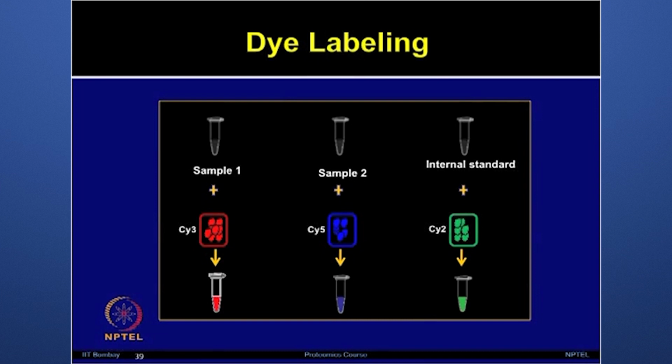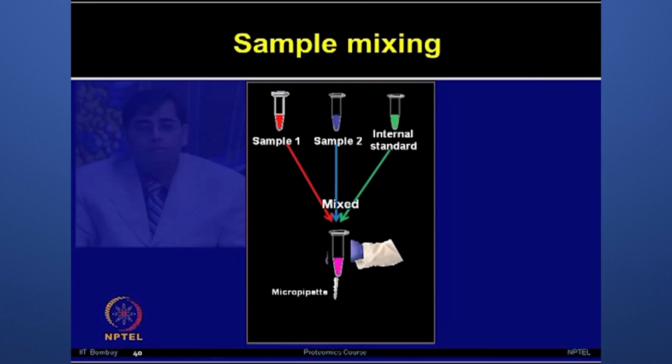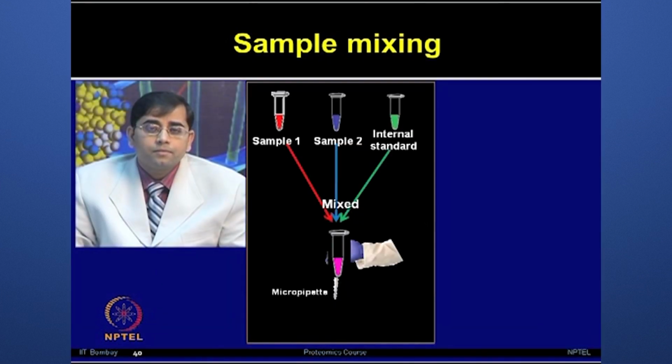So, sometimes it should be Cy3 and then a few samples should be Cy5, and vice versa. Once labeling is done, then samples should be mixed. All 3 samples, Cy3, Cy5 and Cy2, all 3 labeled samples should be mixed in one combined tube.